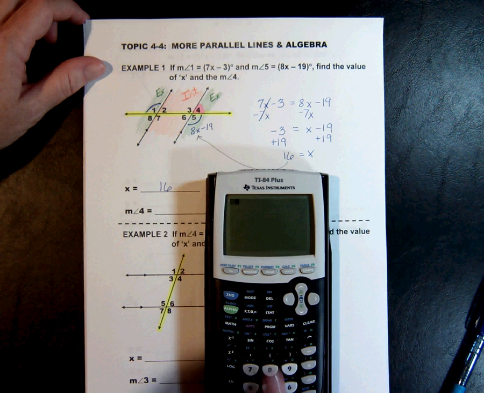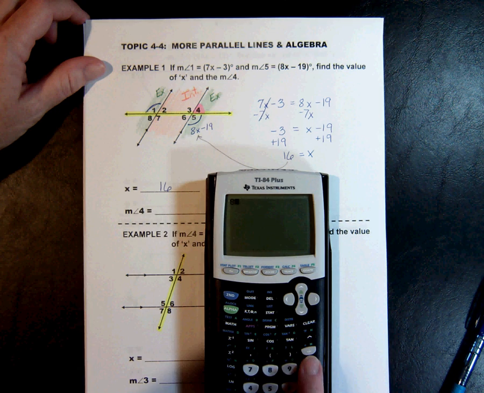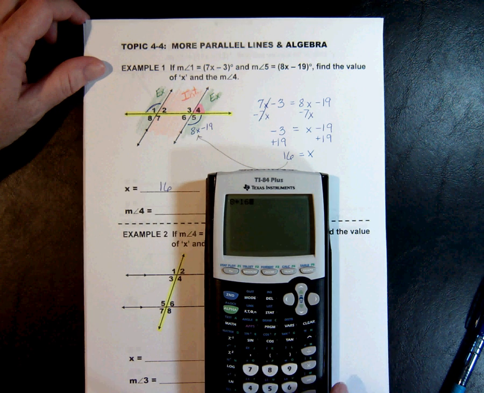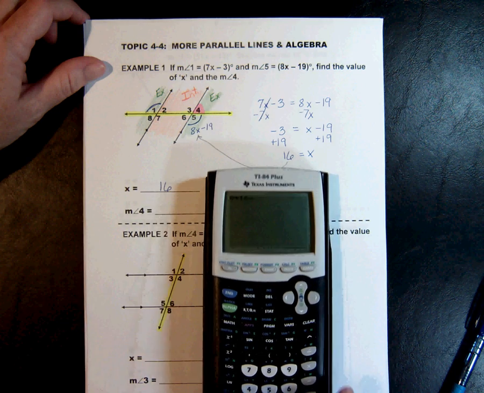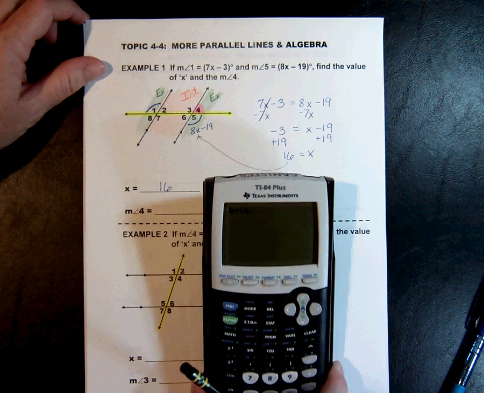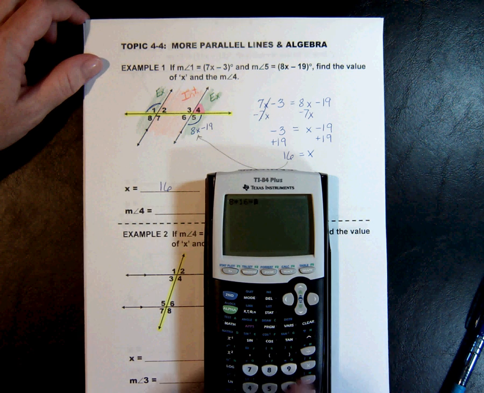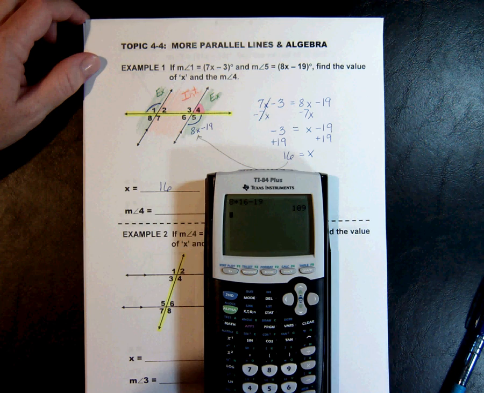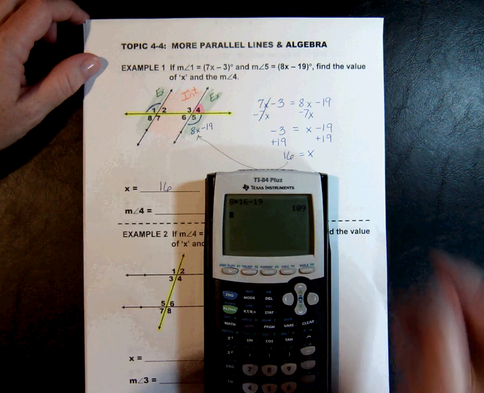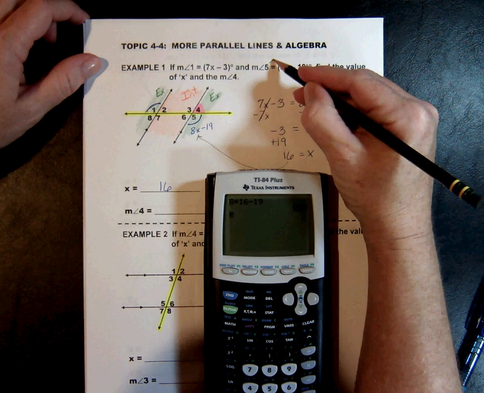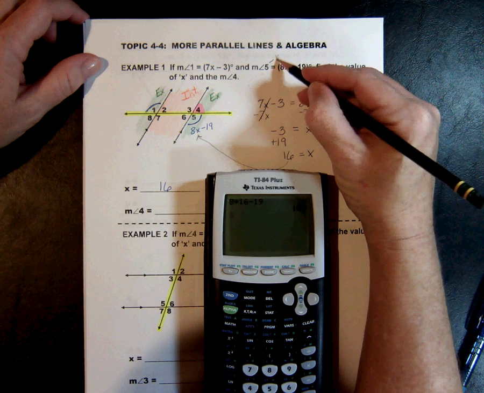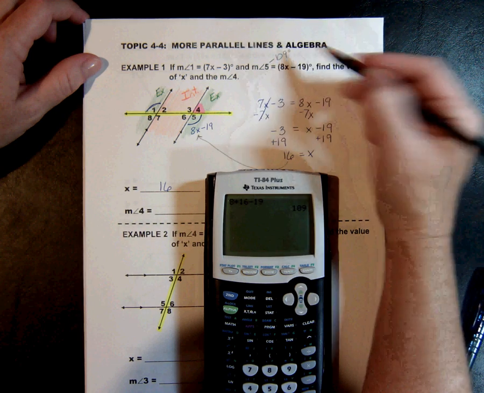If you've got 8 and you multiply that times the 16 and subtract the 19, you're going to get 109. So the measure of angle 5, I'm going to put it back up here even, is 109 degrees.